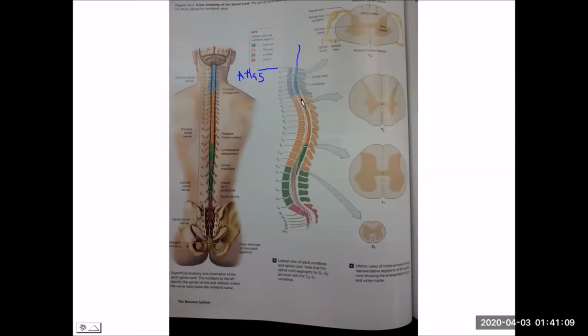However, as an adult, the spinal cord only spans down just about to that second lumbar vertebra. Really just there between the first and the second lumbar vertebra is right about at the inferior end of the spinal cord. So the point is the bones of the vertebrae grow much longer than the actual spinal cord does.